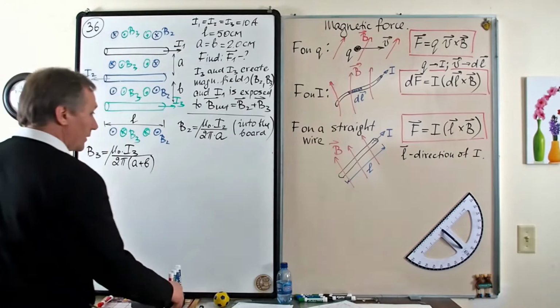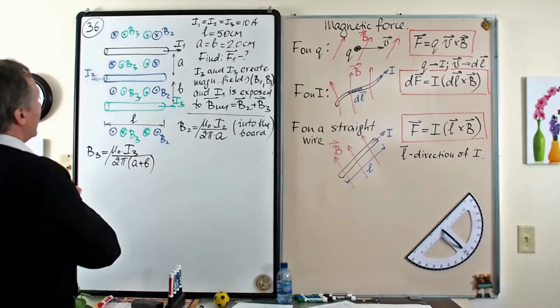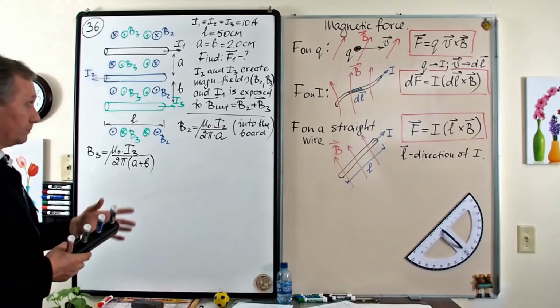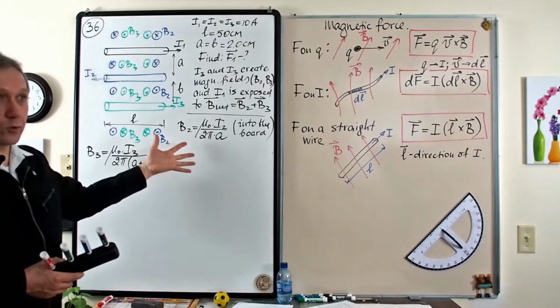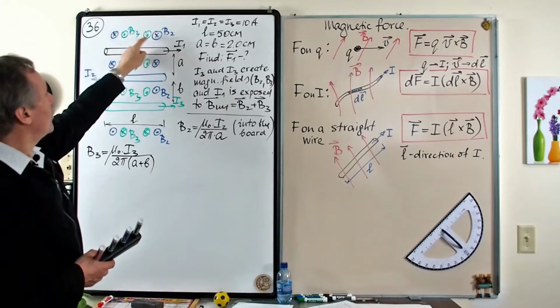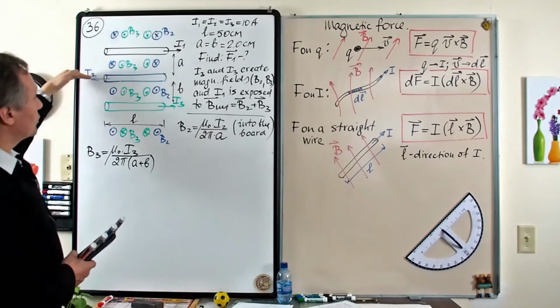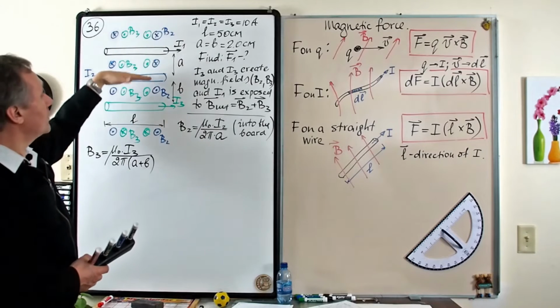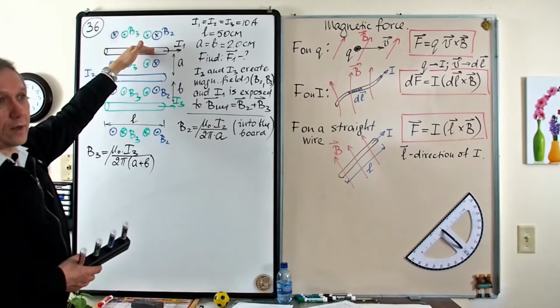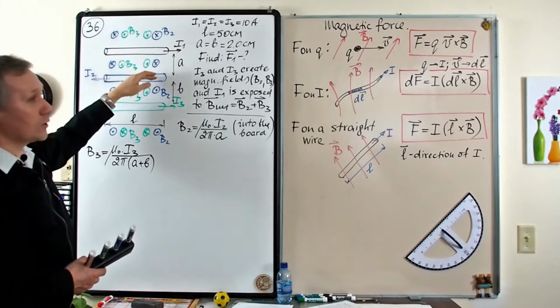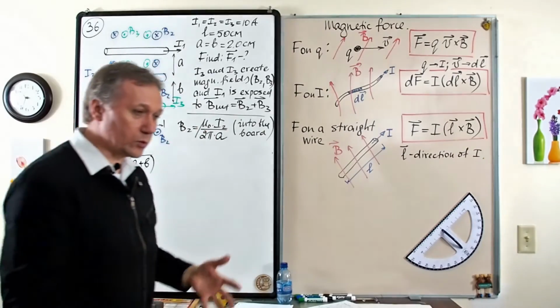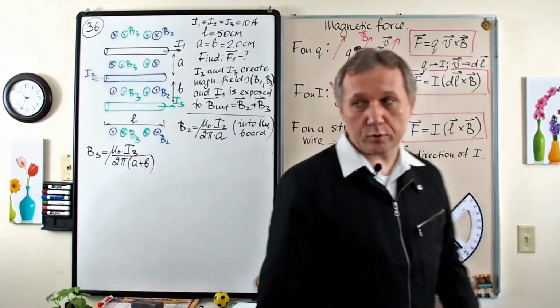Now it will be smaller. Okay, and of course, which magnetic field is going to be stronger, B2 or B3? Of course, B2, because the wire, the source of the magnetic field B2, is closer to the wire I1, right? If the source of the magnetic field is closer to the point in question, the magnetic field is going to be stronger.